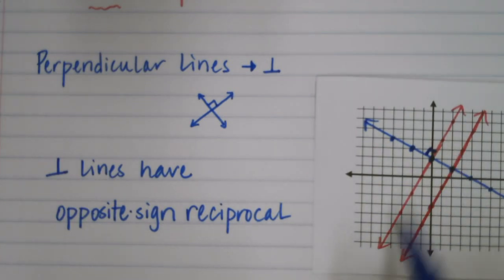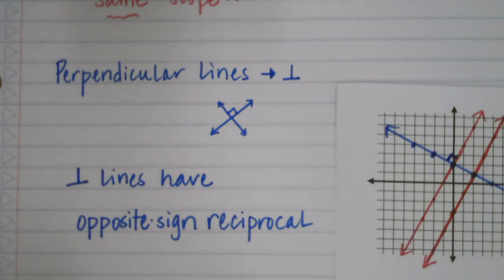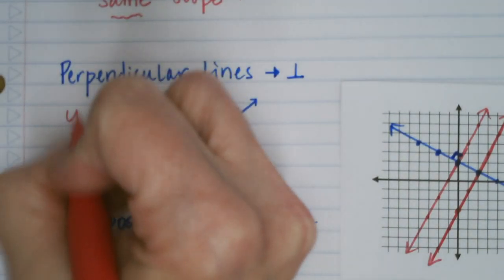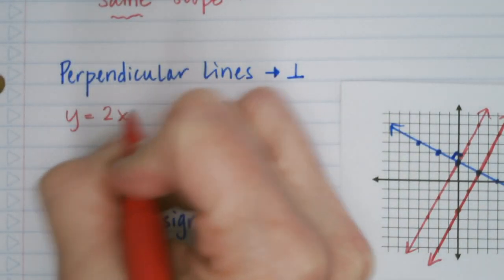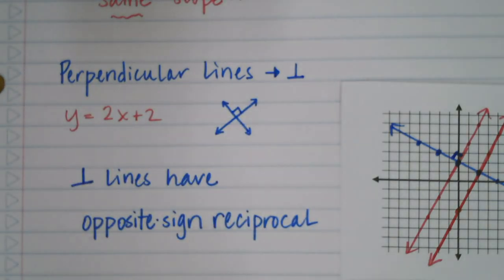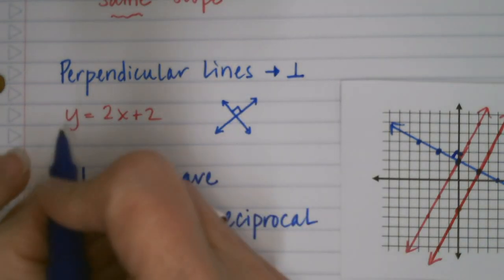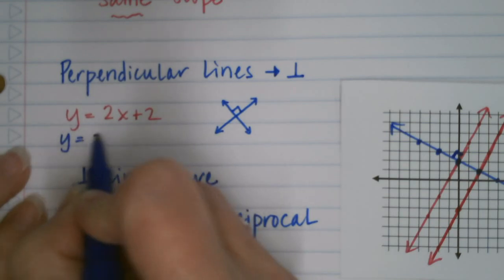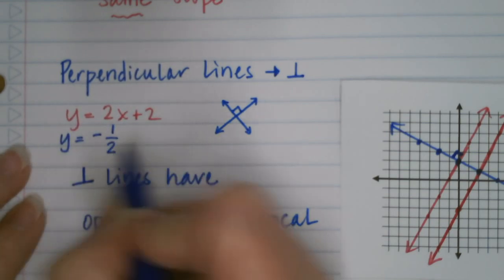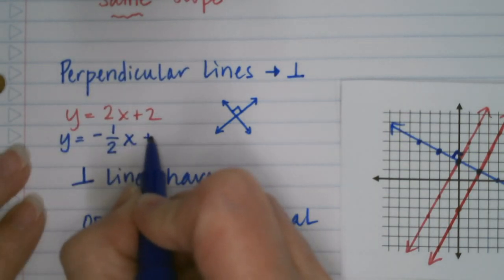So if we look at this original line that was in red, the equation was y equals 2x plus 2. But the line that's perpendicular to it has a negative reciprocal for the slope.